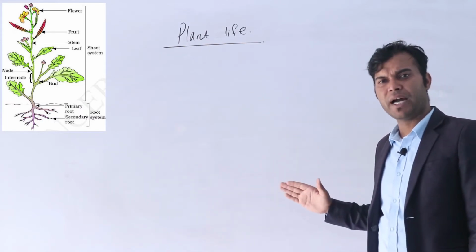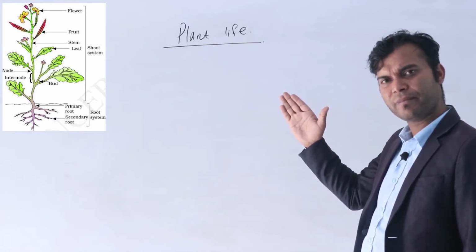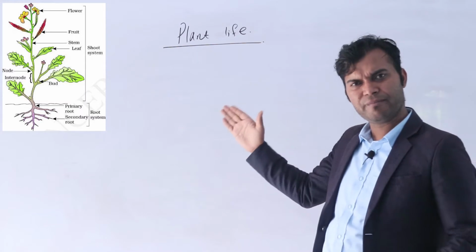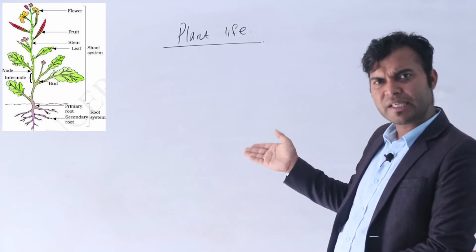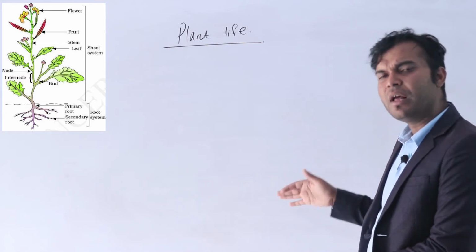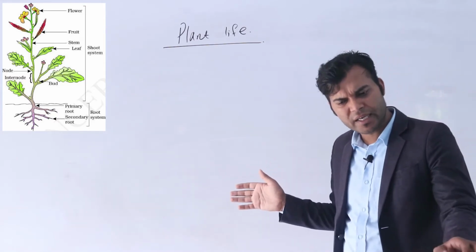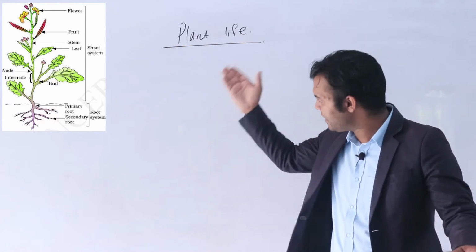Most of the flowering plants contain these parts. Flowers are contained in the flowering plants. Fruits are also contained in our flowering plants. Branches are also contained in it. Leaf also, and the stem and roots are contained in this plant.